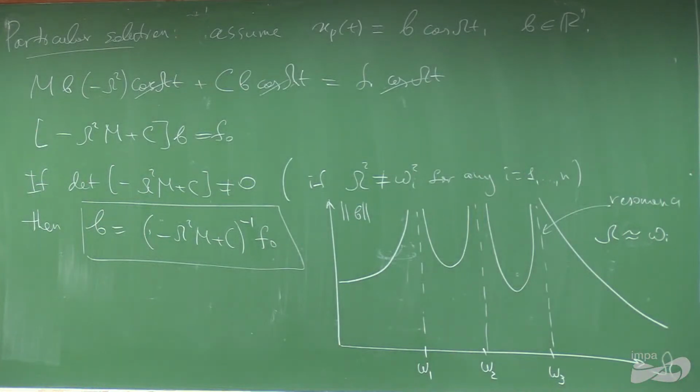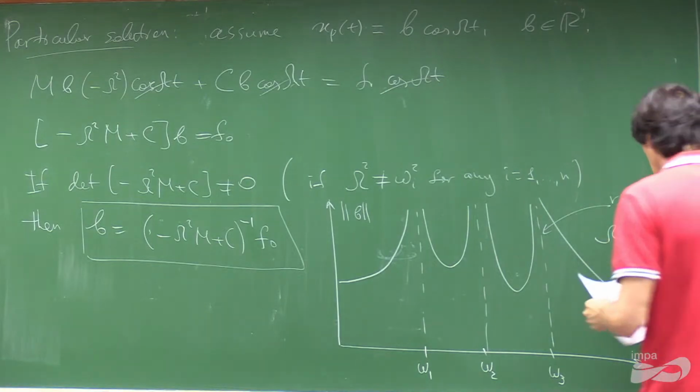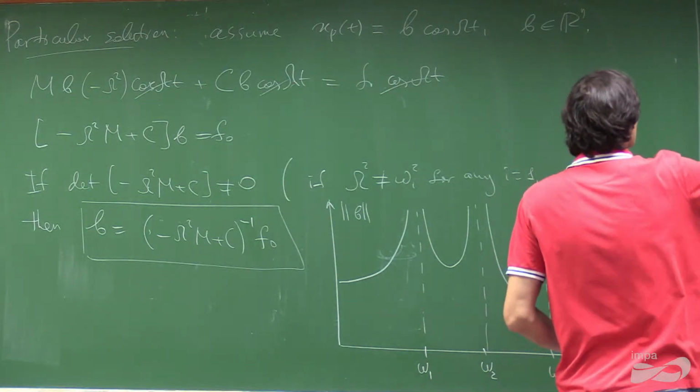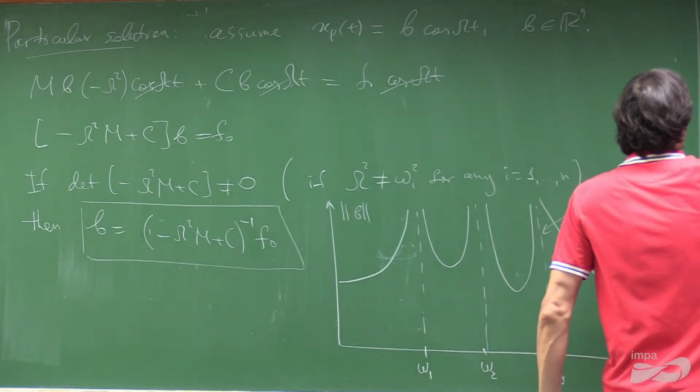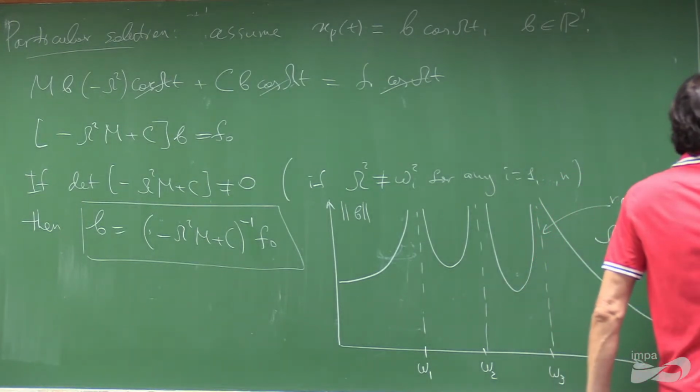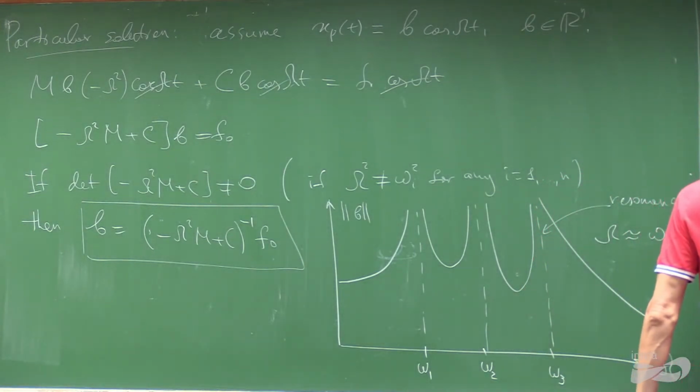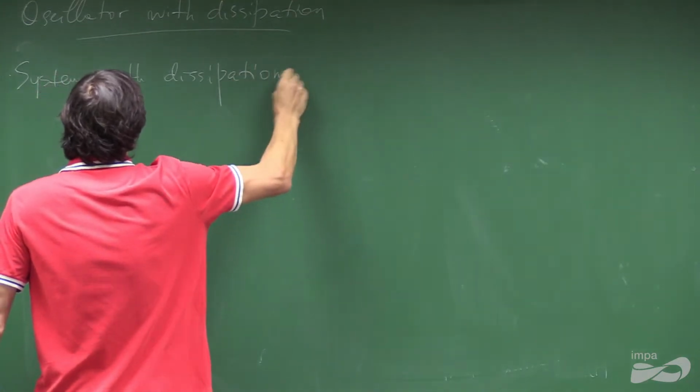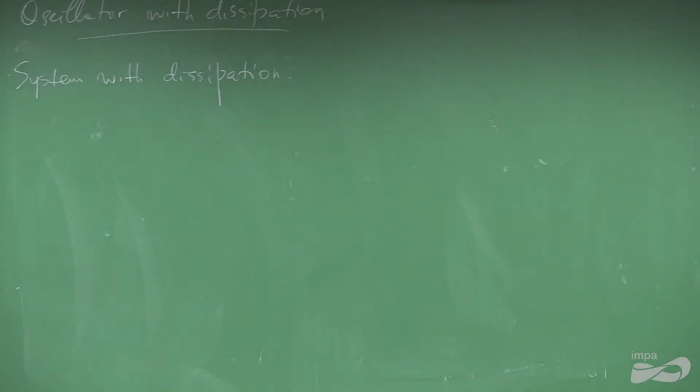And the second part is what happens if you add dissipation. So, how do you treat the system with dissipation? Remember what it is. We need to add a dissipative term to this equation.